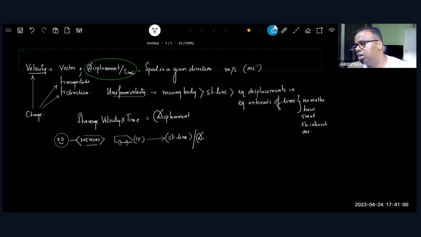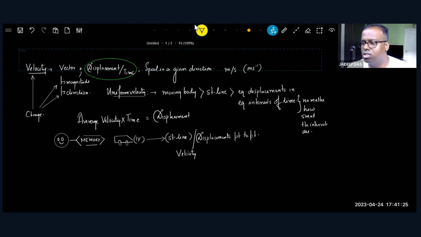You are only covering displacements, obviously from point to point. There is no question of distance. You are moving in a straight line, and all you will be dealing with is velocity, not that much with speed.